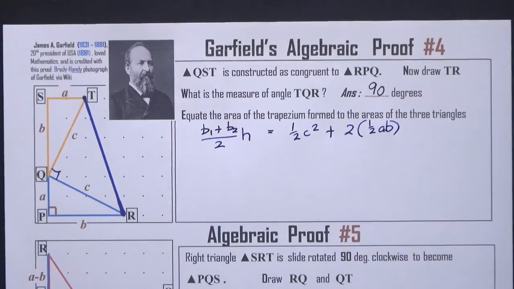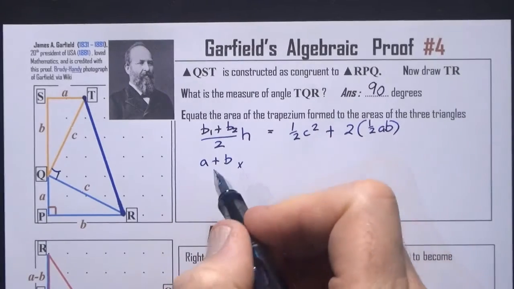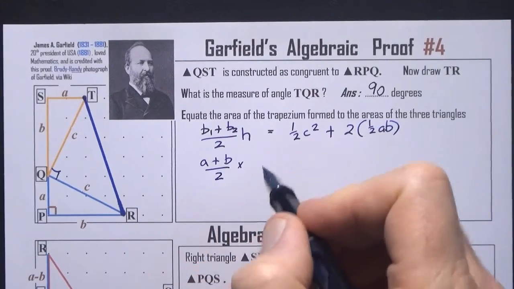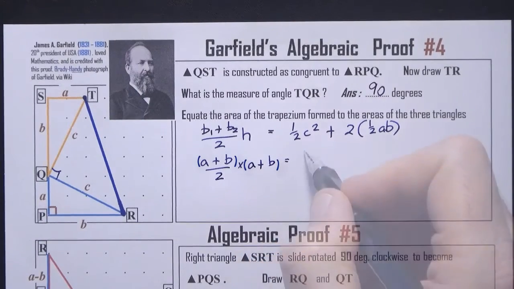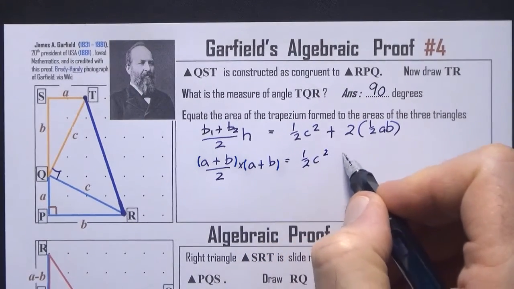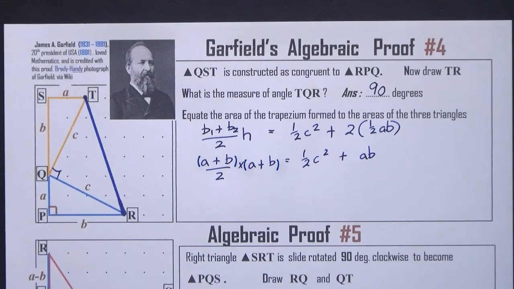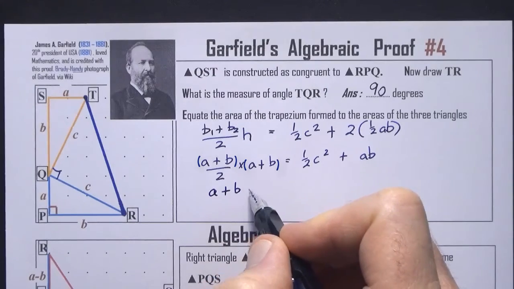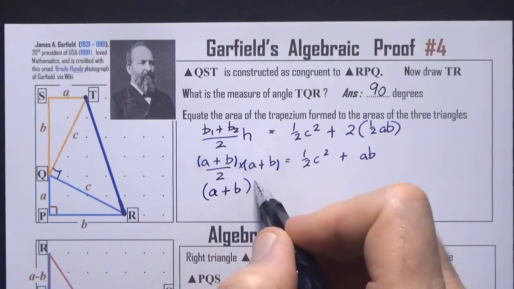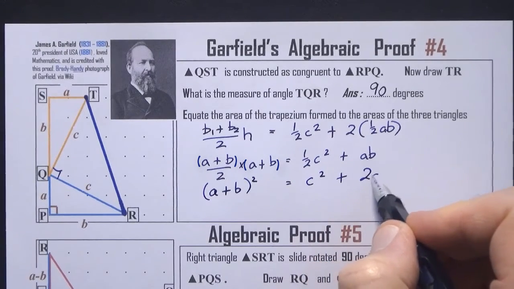B1 plus B2, well, that's going to be A plus B over 2 times the height, which is A plus B, equals half C squared plus AB. If we double both sides, we get A plus B times A plus B, so that's going to be A plus B squared equals C squared plus 2AB.